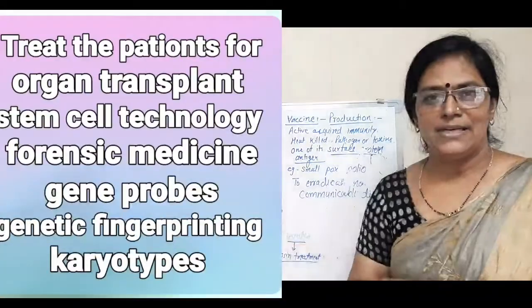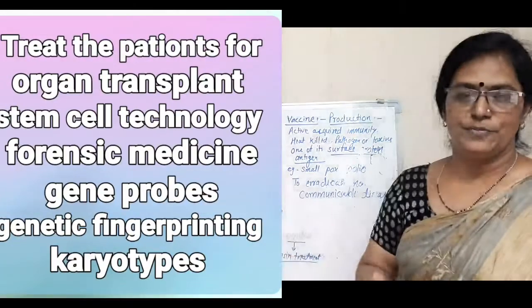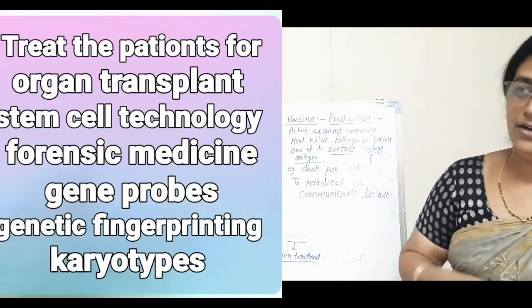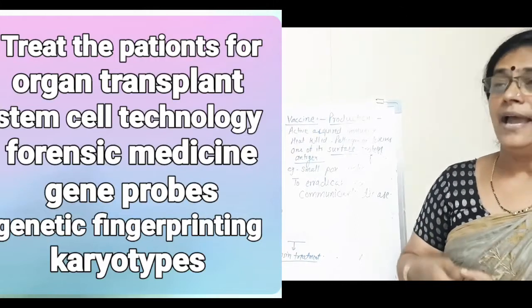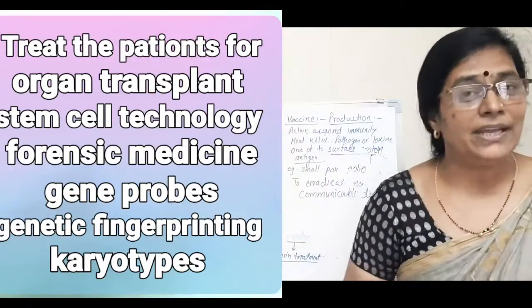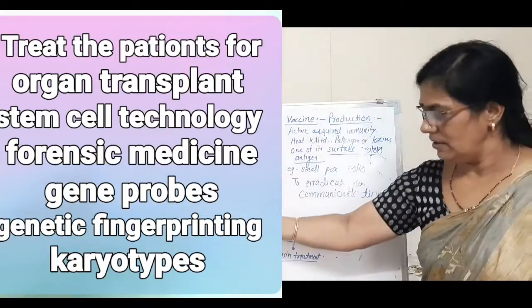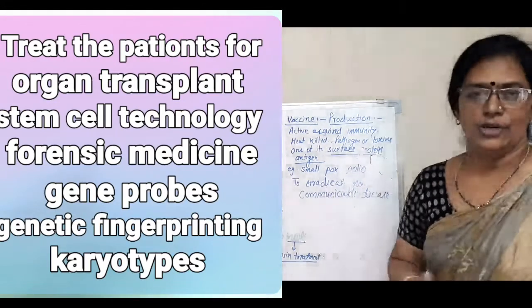In forensic medicine and gene probes, probes mean radioactive single-stranded DNA, which is necessary for screening of a gene library. As well as in DNA fingerprinting, the probes are necessary, so we can produce gene probes, genetic fingerprinting and karyotyping.